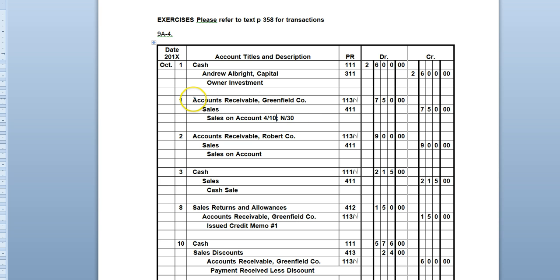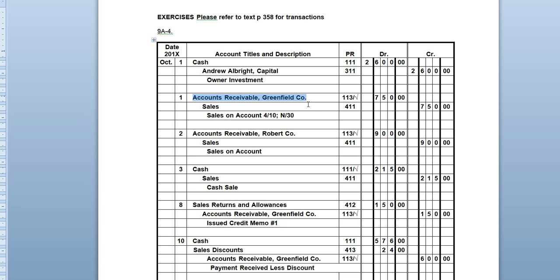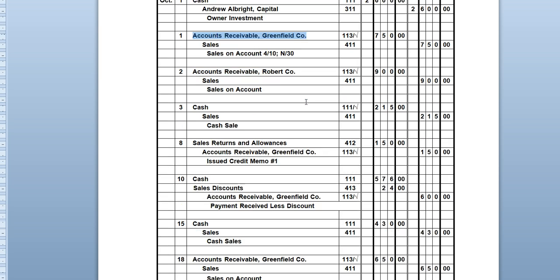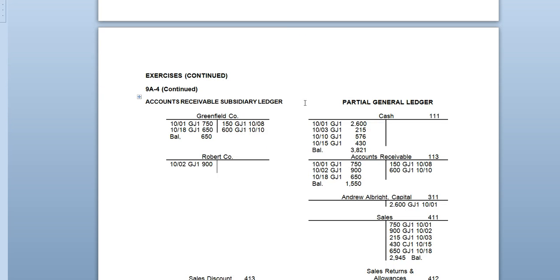But what we would normally do now is update accounts receivable. We keep a ledger of every customer that we have in the subsidiary ledger, so if you slide down to here, you would see the Greenfield Company. From October 1st, we posted a $750 debit from that transaction we just went over.